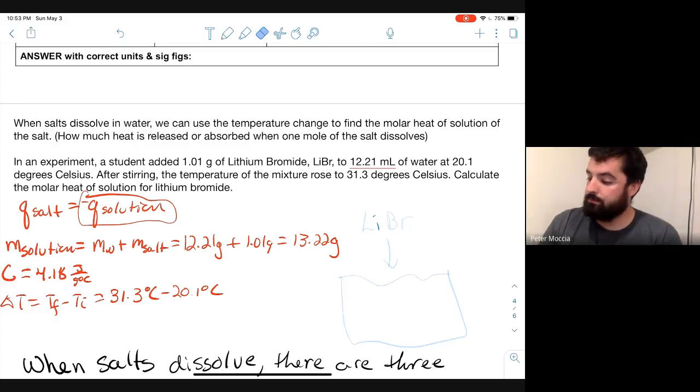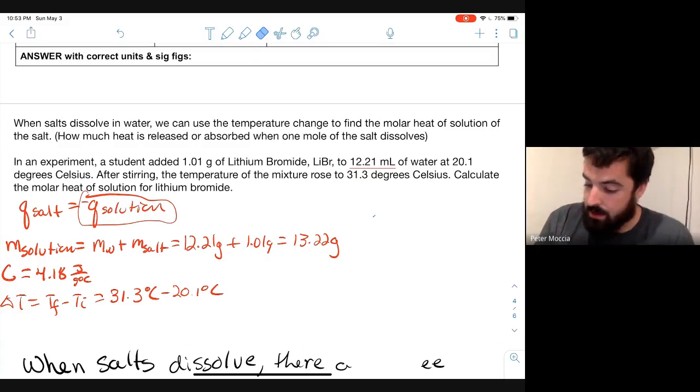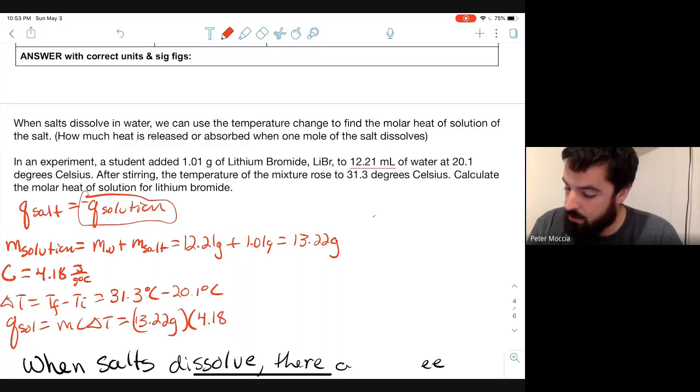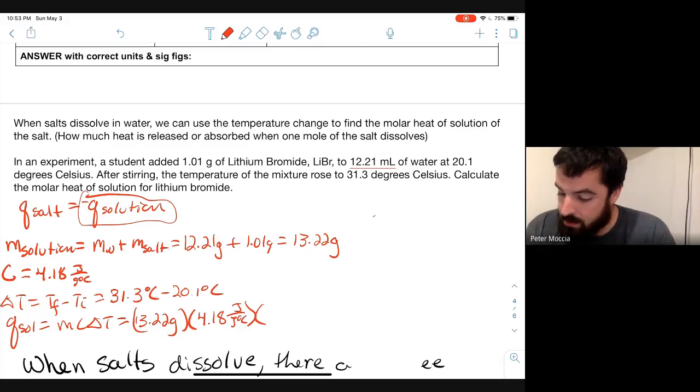So I'm going to find Q solution is equal to m C delta T, which is equal to 13.22 grams times 4.18 joules per gram degree Celsius times 11.2 degrees Celsius.